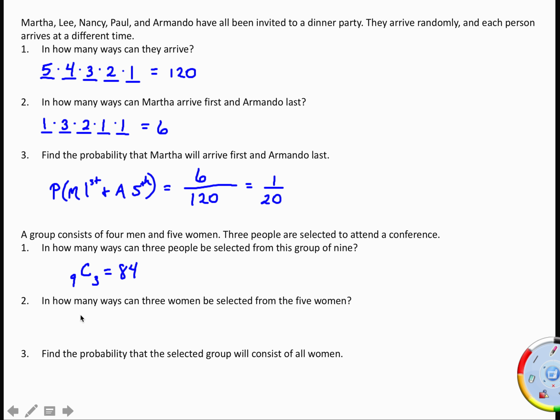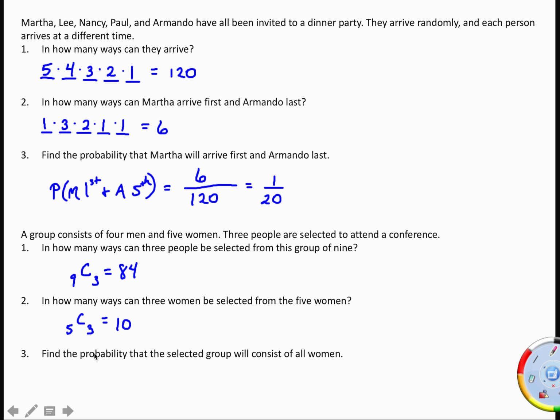And how many ways can 3 women be selected from the 5 women? Okay, so we've already decided this is a combination problem. So that's 5, choose 3. 5, choose 3, that's 10.